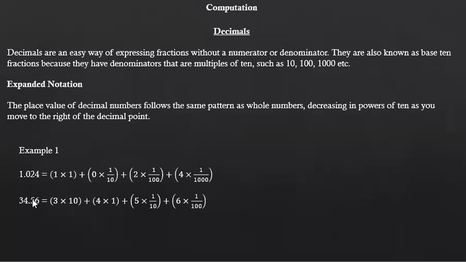So this means this 5 is in the 1/10 column, or the tenths column. Here's tens and here is tenths, right? This 6 is represented by 6 multiplied by 1/100, right? So that means when you combine it, you get 0.56. You understand?